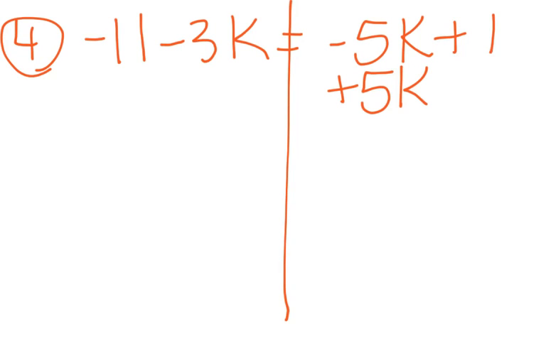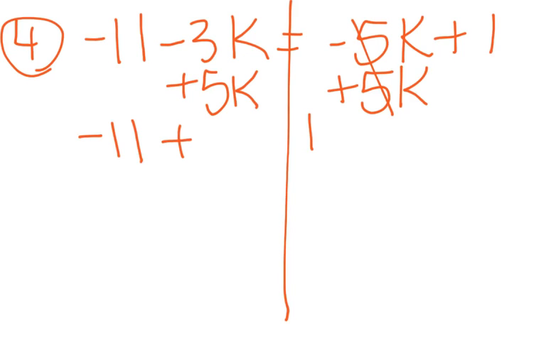What you do to one side of the equation, you have to do to the other. I do not write the 5k under the 11 because it doesn't have a k on it. I want to match up my like terms. That cancels. I have a 1 on that side. I have my negative 11 I haven't done anything with yet. Negative 3 plus 5 is 2k.